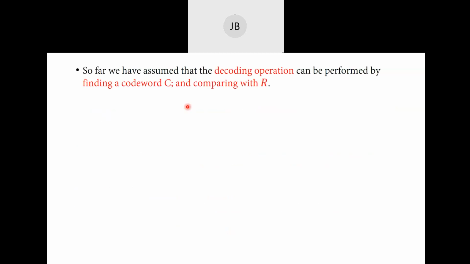Okay, so far what we have seen is the decoding operation. In this decoding operation, we will receive some data, that is R, and we will compare that R with the original code word C, whether it is the same or not, using the syndrome vector.